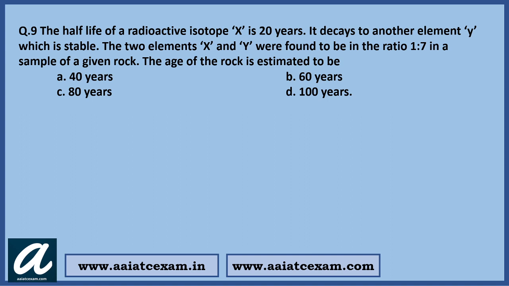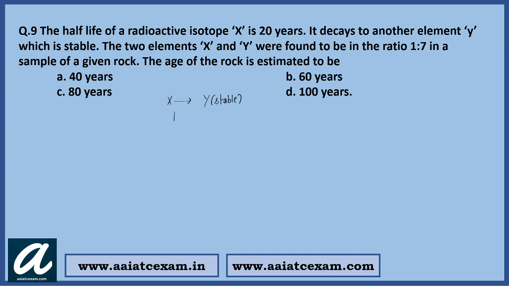Question number 9 is there students. The half-life of a radioactive isotope X is 20 years. It decays to another element Y which is stable. So this X is changing to Y and this Y is stable.